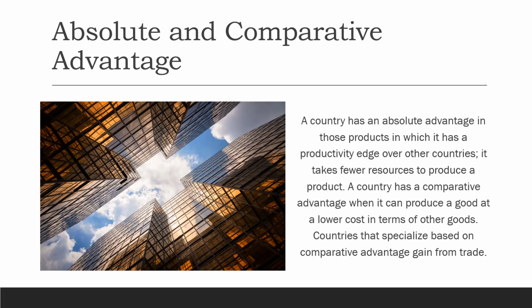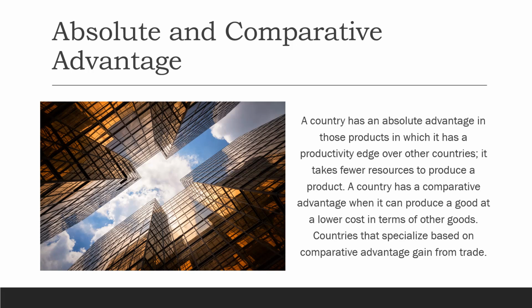Another key concept that we should remember is absolute and comparative advantage. A country has an absolute advantage in those products in which it has a productivity edge over other countries. It takes fewer resources to produce a product.